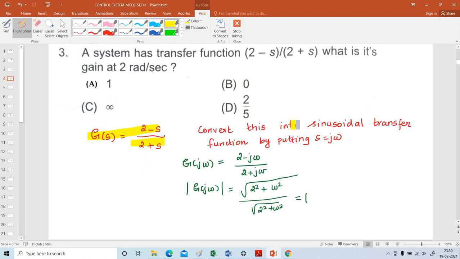Convert this into the sinusoidal transfer function by putting s equal to j omega. So G of j omega is 2 minus j omega divided by 2 plus j omega. Next I have to take the modulus here. So square root of 2 square plus omega square over square root of 2 square plus omega square, the value is equal to 1. So option A is the correct answer.